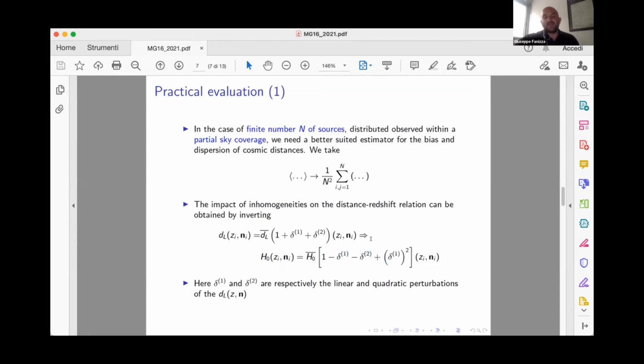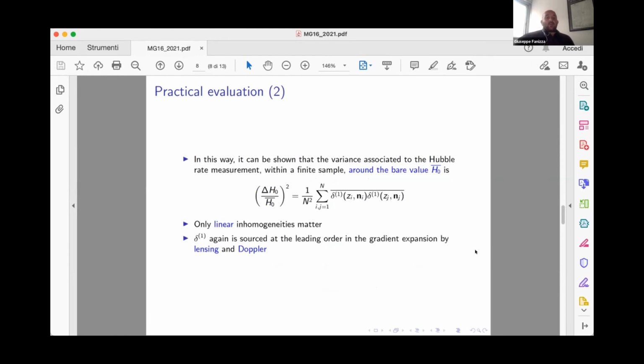And in principle, since this is a quadratic estimator, we have to take into account both linear and quadratic perturbations to properly take into account the leading order effect.